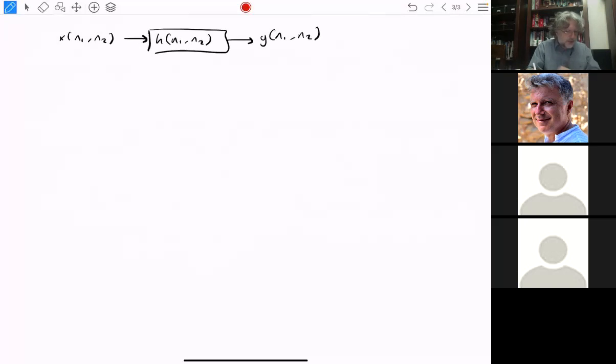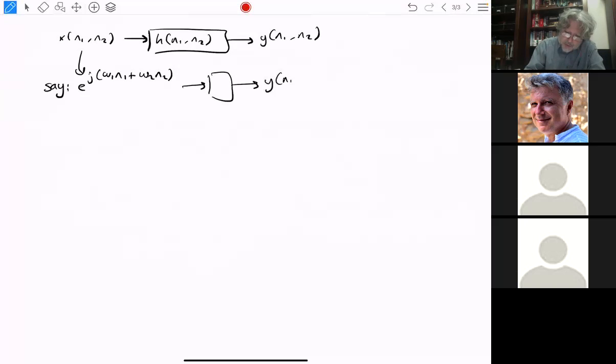And if you say that this is a complex exponential in 2 dimensions, e to the j (omega 1 n1 plus omega 2 n2), this is the complex exponential in 2 dimensions, which is a wave function, as we have seen in the first weeks. When this wave goes into the system, the output will be y of n1, n2.